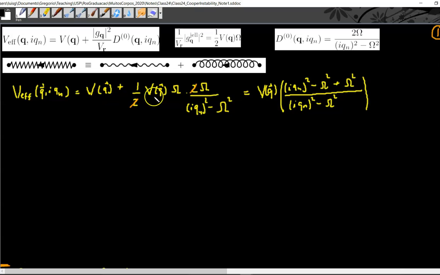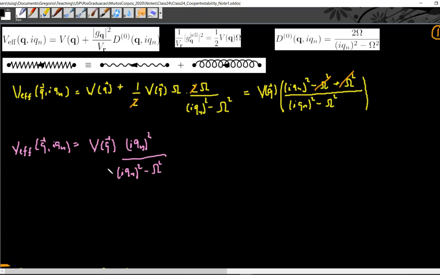Essentially take this V of Q that appears both in the vertex and here, take it into evidence, get a 1 here, and then we do the algebra, get V of Q, times iQ_n squared divided by iQ_n squared minus omega squared. So let's see this. There you go. So this was simple algebra, right? That's the result we had in the slide there.